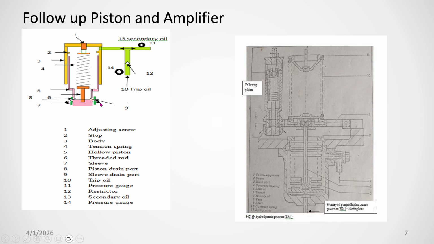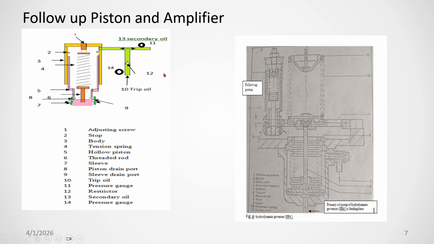If you want to increase the RPM, you just increase the stiffness of the spring. Then this sleeve will move down and close this port. Then the oil force inside this follow-up piston will increase. It will move this piston downward against the spring force, and your secondary oil pressure will increase.